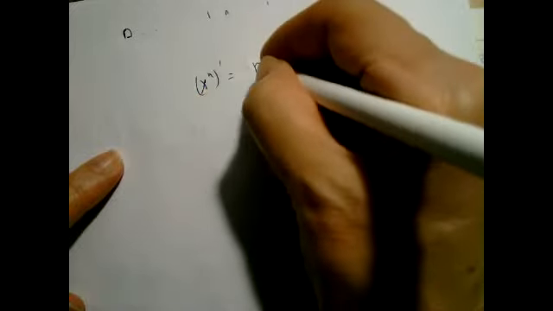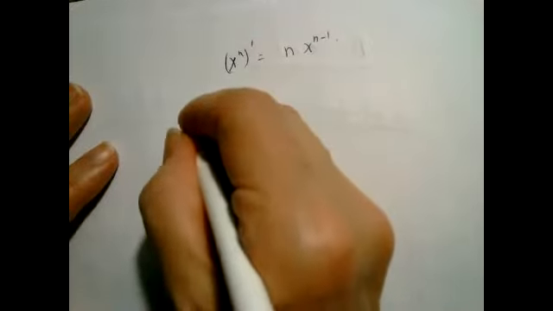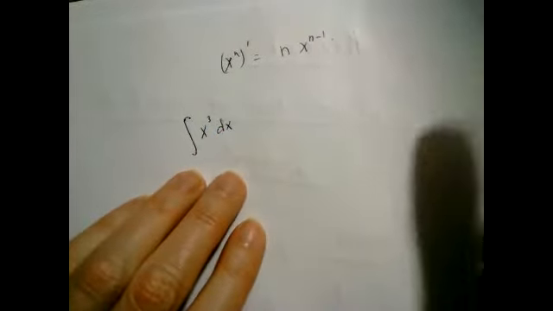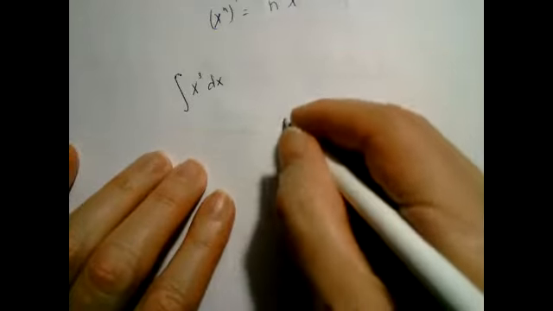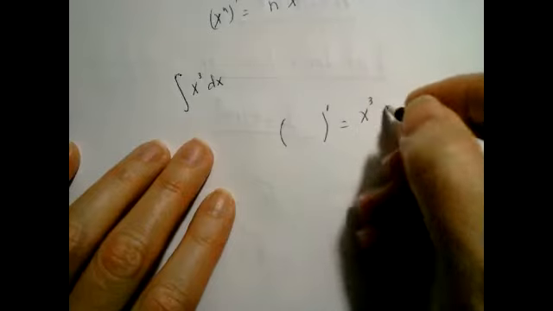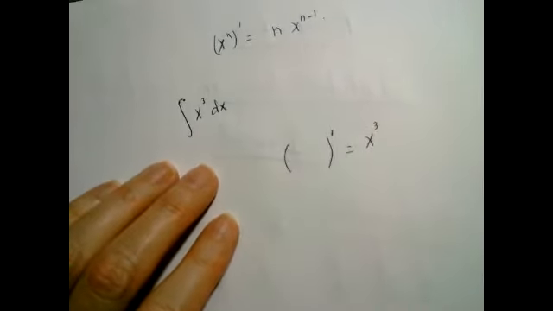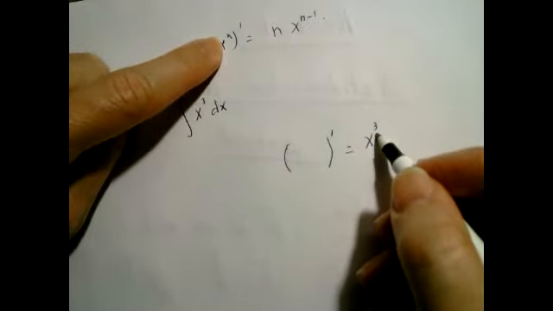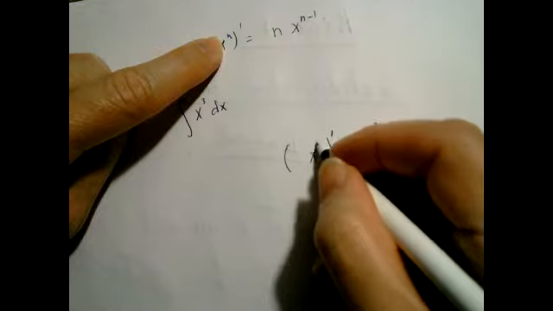Before we put the rule, let us remember what the derivative does: it takes away 1 from the power, and that's crucial. So let us remember the basic rule. If I take the antiderivative of x cubed dx, what is it equal to? Before we write the general rule, let us figure it out. What is the function that, when we differentiate it, we get x cubed? Differentiation takes 1 away, so this has to be x to the 4.